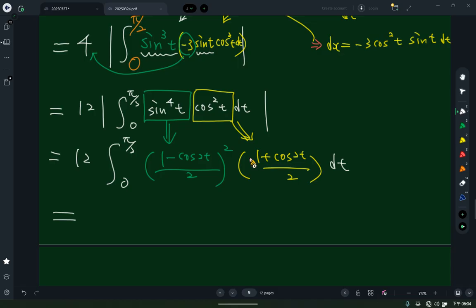I remember we also did the same thing in chapter 8. So I will skip this part, and finally you can get the result 3/8 pi. I know that is not that easy because the form will become very complicated. But anyway, I will skip this part because it's just about the calculation. I think you can do that by yourself.